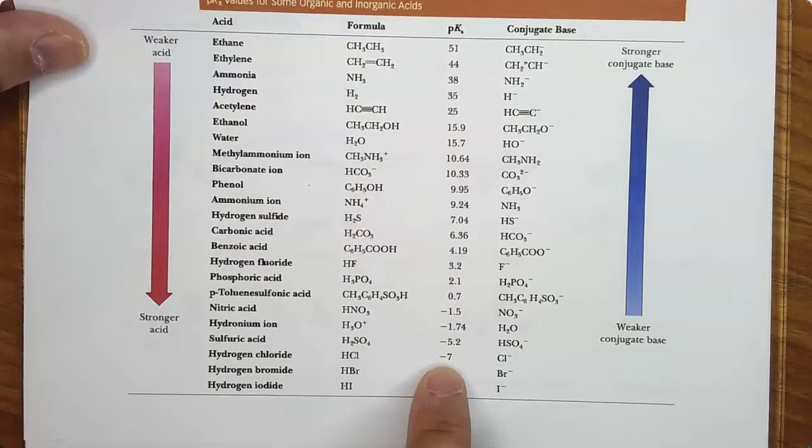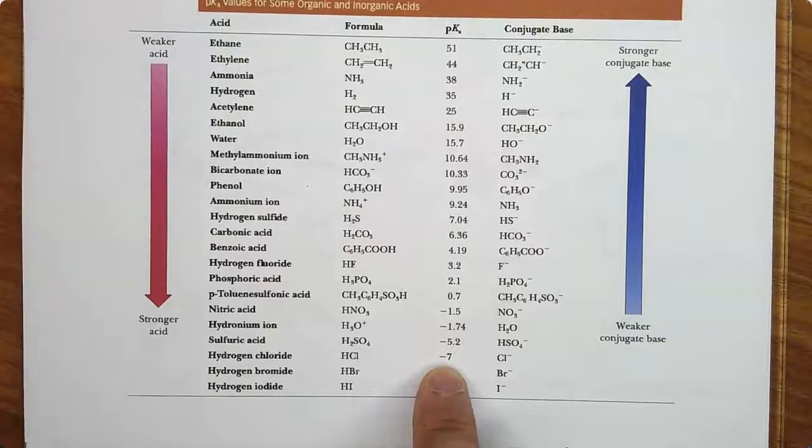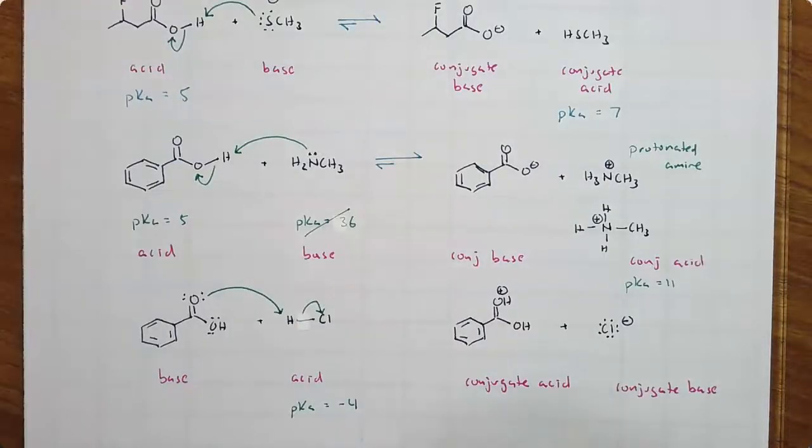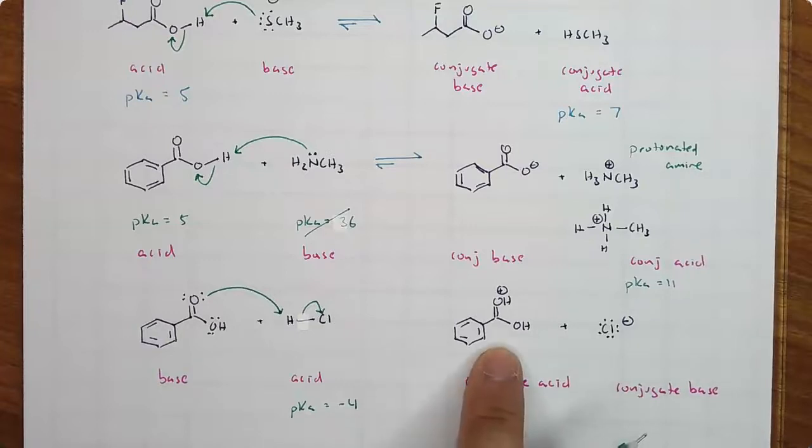It's -7. It just depends on the experimental conditions by which they measure the pKa. But either way, I'm pretty sure that's going to be a stronger acid than this one right here. So, man, maybe I should double check that, because this is a pretty strong acid as well.